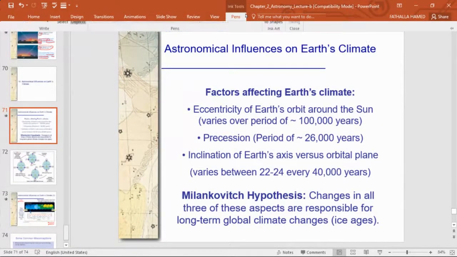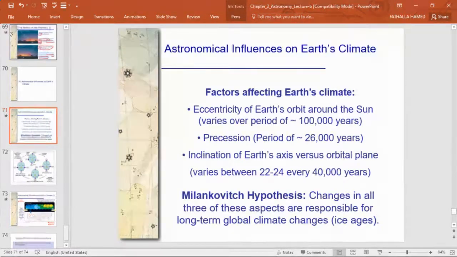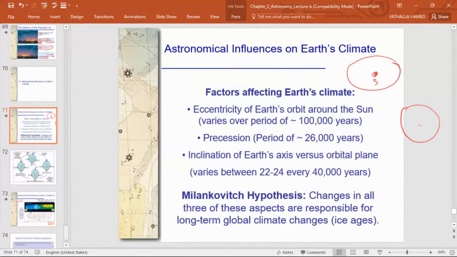Now, the way the Earth orbits the Sun, if the Sun is here and the Earth orbits the Sun, this orbit is not circular. It's nearly circular. It is elliptical. So when you have a circle, you actually have a center. I'm not good at drawing that, but when you have an ellipse, you don't have a center.